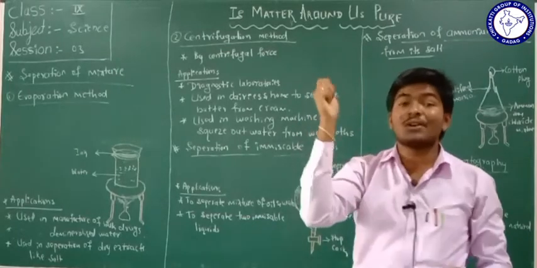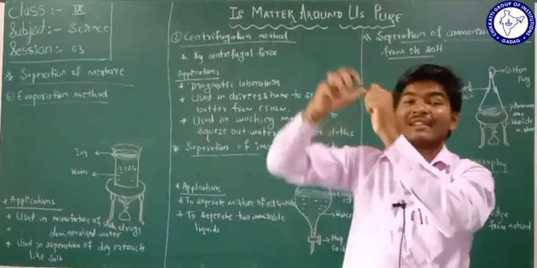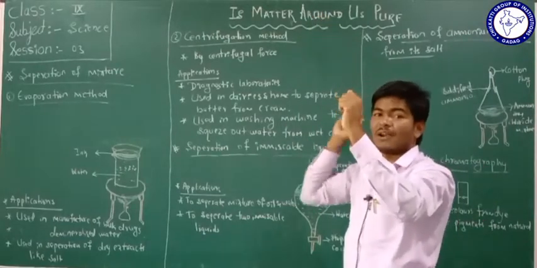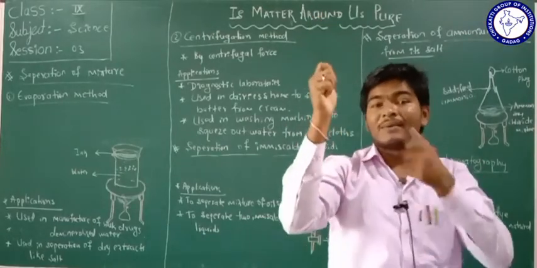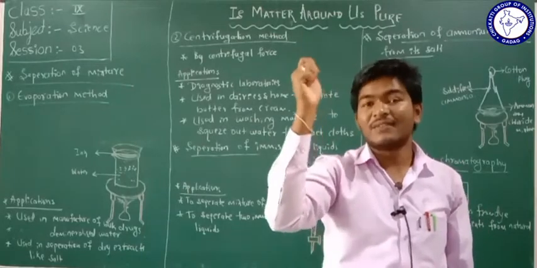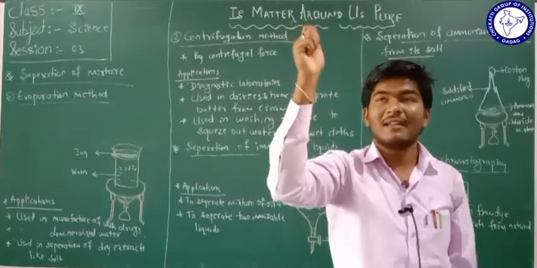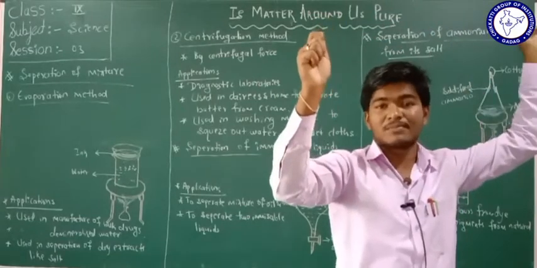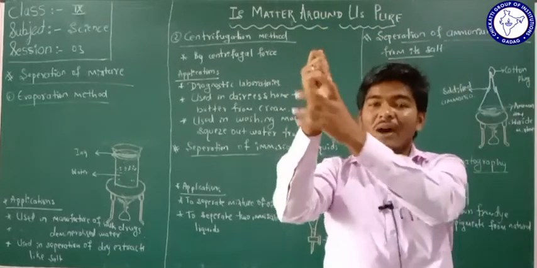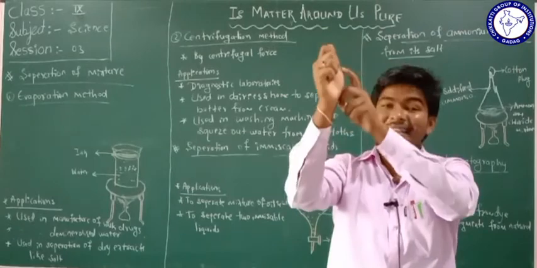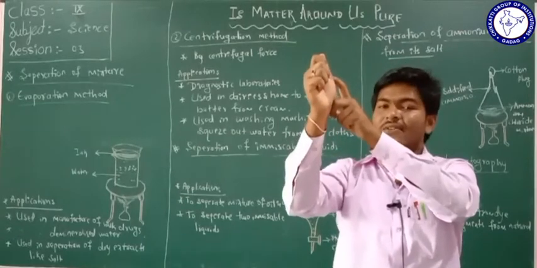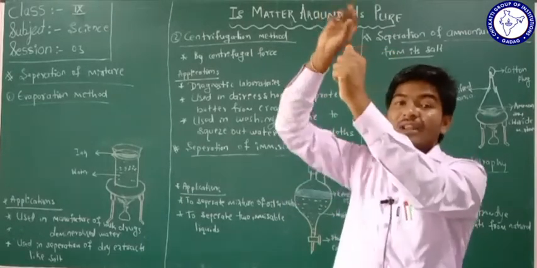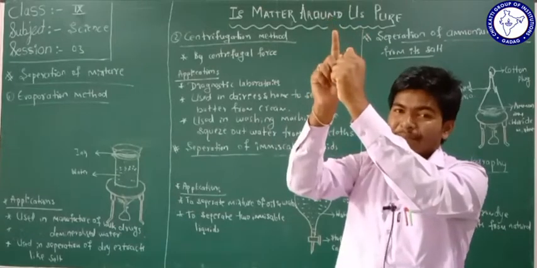But that stone does not go away by the centrifugal force. Why? Because you are strongly holding that thread, isn't it? If you strongly hold that thread, the stone will not go anywhere by the centrifugal force. Why? Because you are applying some force, that is the centripetal force. You are controlling the stone, that is the centripetal force.